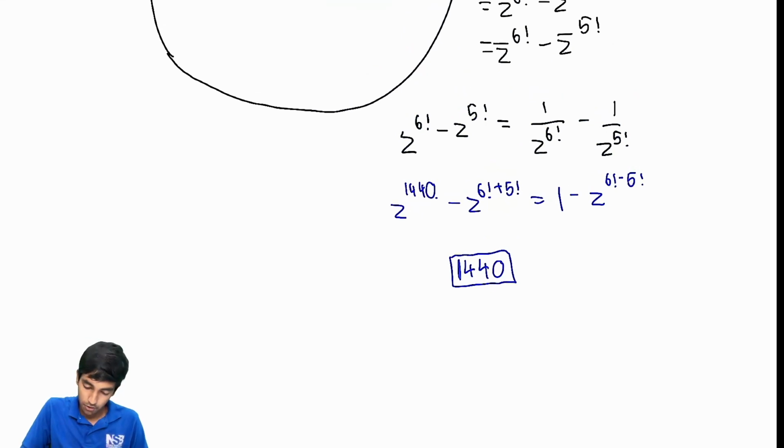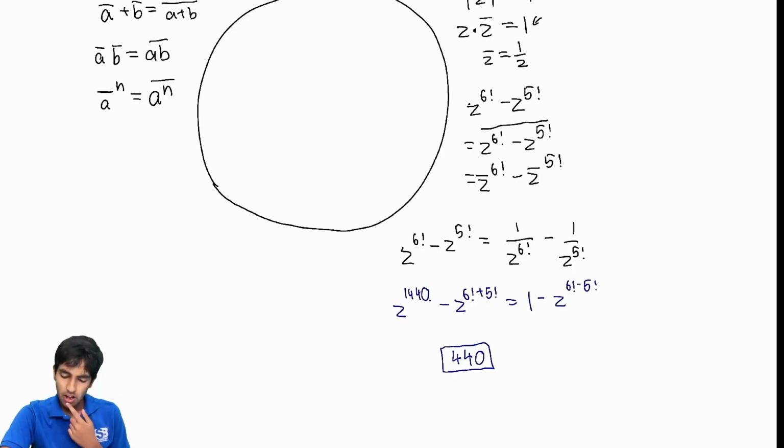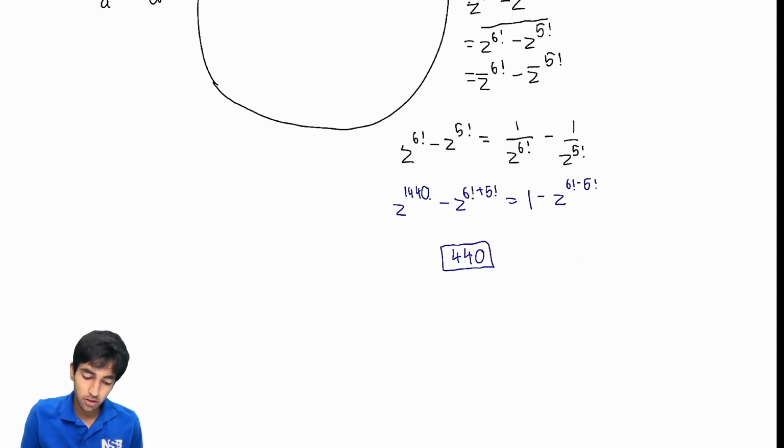So we can just remove this one, and that's our answer for this problem: 440. Okay, but how do we know that there aren't any double roots for this equation? We have to make sure that all the roots are really distinct.